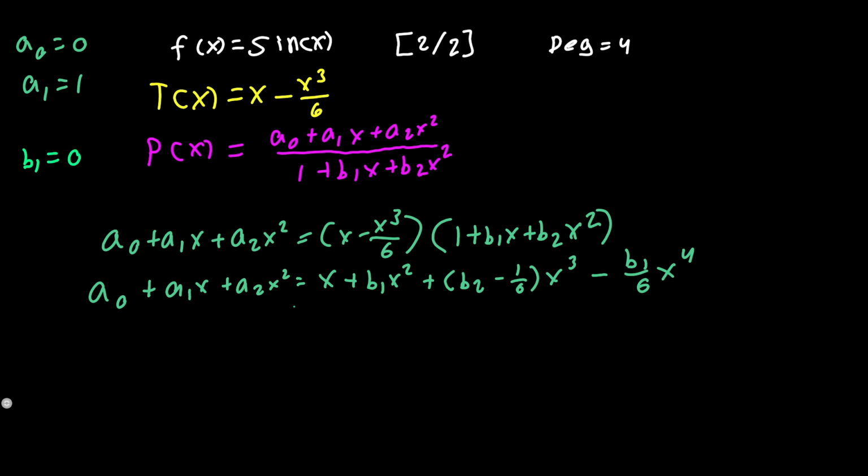That means a2 is equal to b1, which we know is 0, so a2 is also 0. Finally, we have b2 minus 1/6 equal to 0, so b2 is equal to 1 over 6. So we finally found our values.